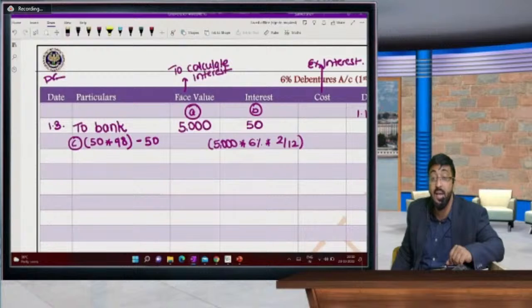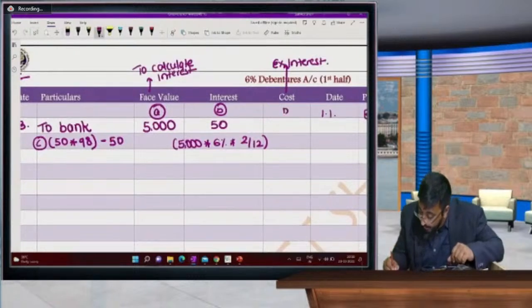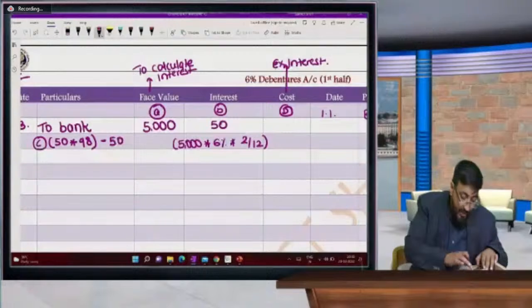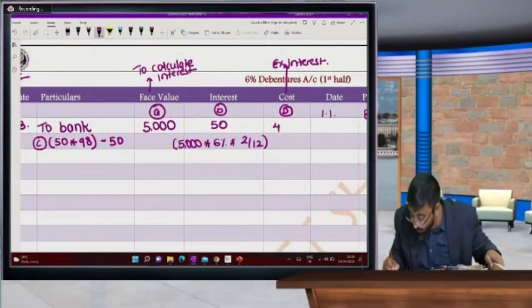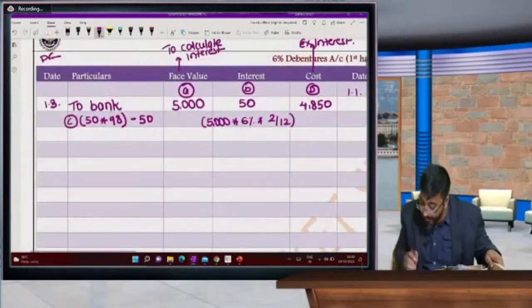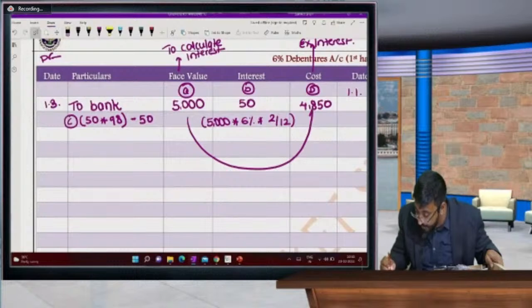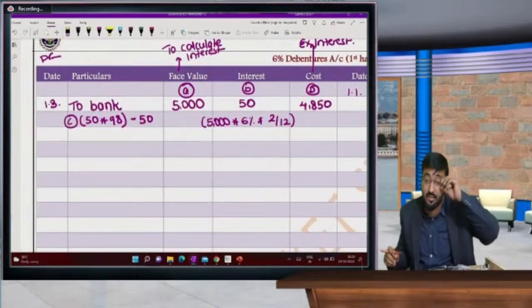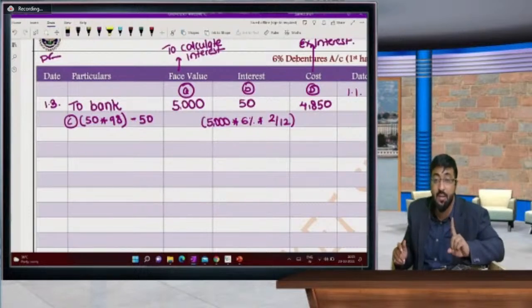As 98 includes interest, deduct 50 rupees, and whatever answer you get, you cancel it. 50 into 98 minus 50. So the answer is 4850.